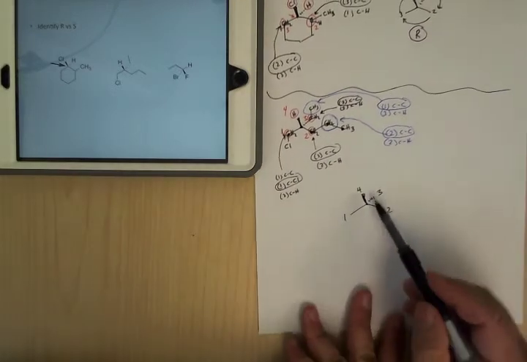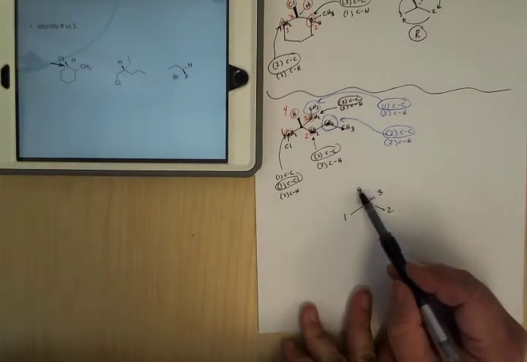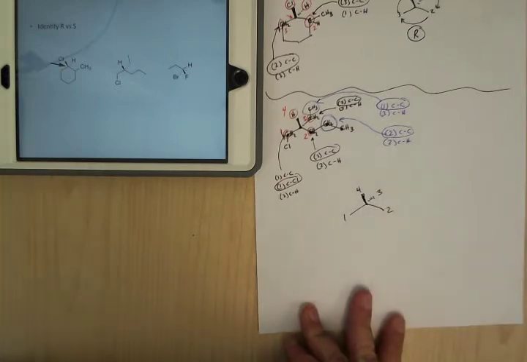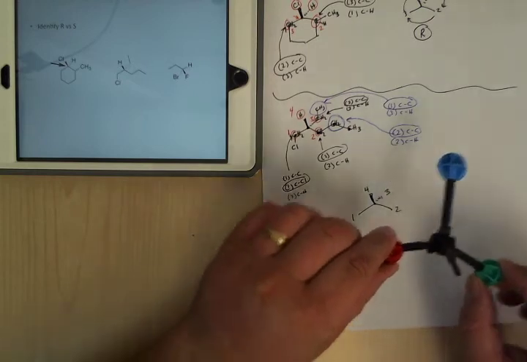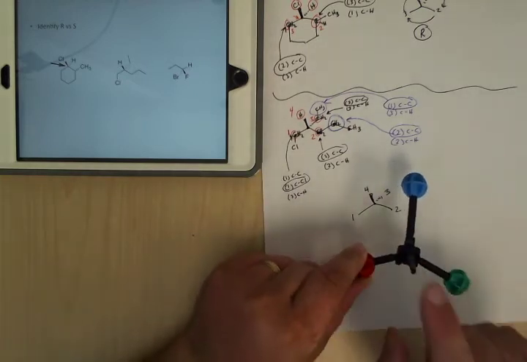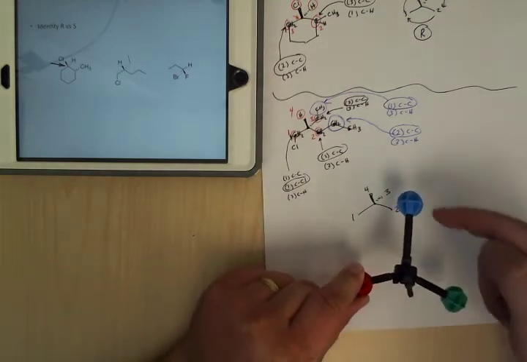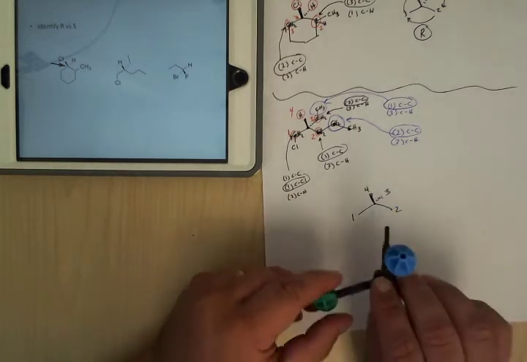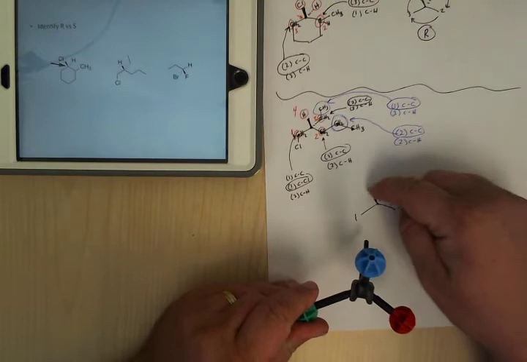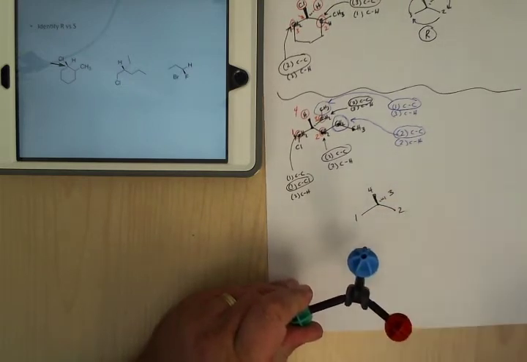Now if you're going to do the steering wheel method, 4 is coming out at you. So it'd be like this: 4 is coming at you, 1, 2, 3. 3 is going behind, so when we have to switch it, these two switch, and these two switch.